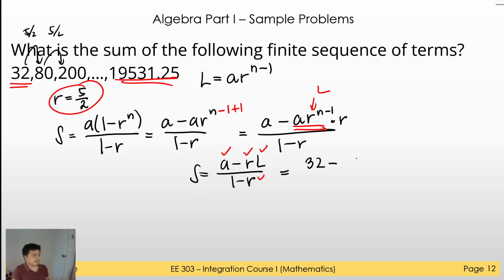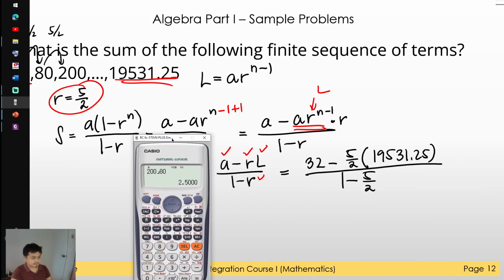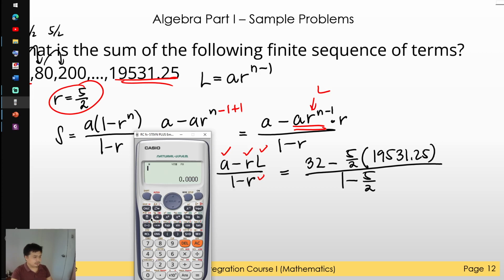So we have 32 minus 5 halves times L, we have 19531.25, and then all over 1 minus 5 halves. So okay, let's solve this one. So 32, okay, sorry, mode 1 first.